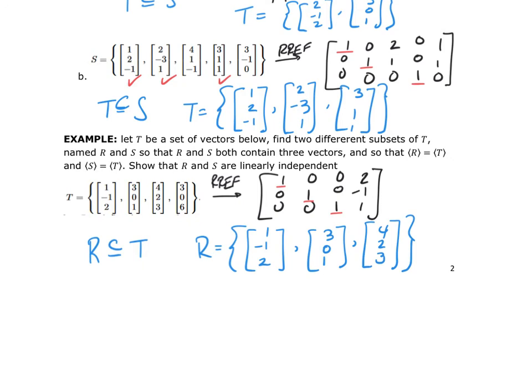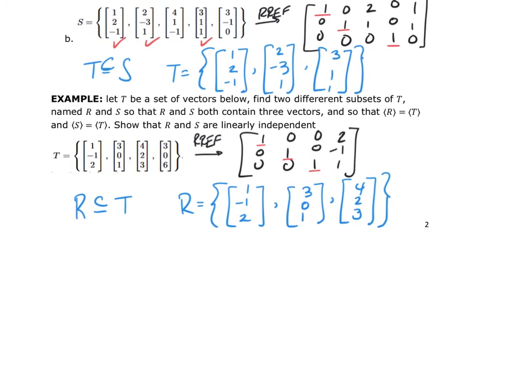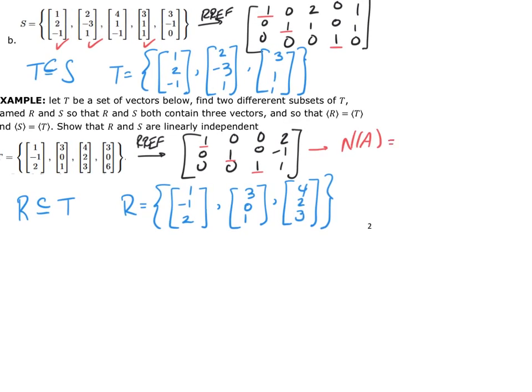Now I'm going to choose a second way, and the way I'm going to choose it is to find the null space of A. To find the null space of A, this is my Z1. My free variable is only my x sub 4, because it's the only one that's a free variable.